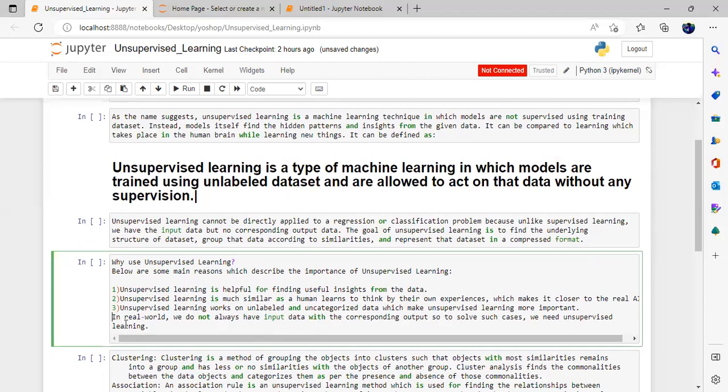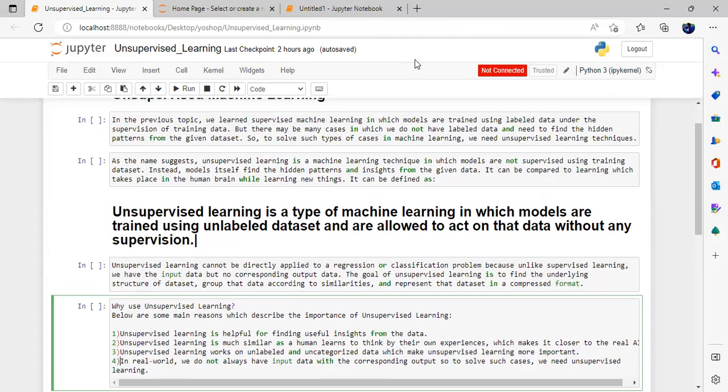This is the main disadvantage of supervised learning, which became the advantage of unsupervised learning. So what happens when we do not have input data for supervised learning? Then we come to unsupervised learning.